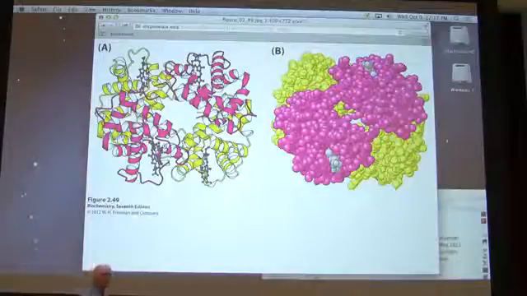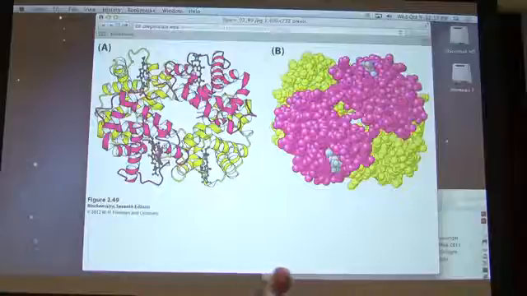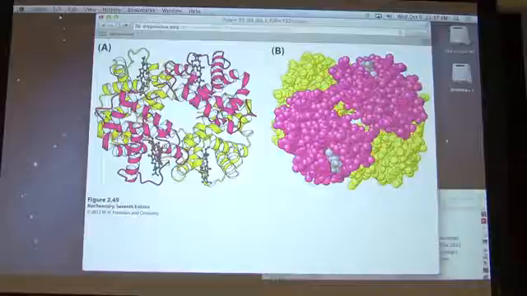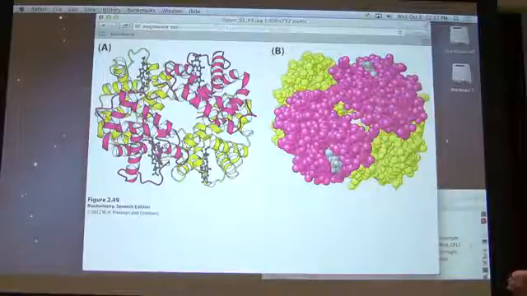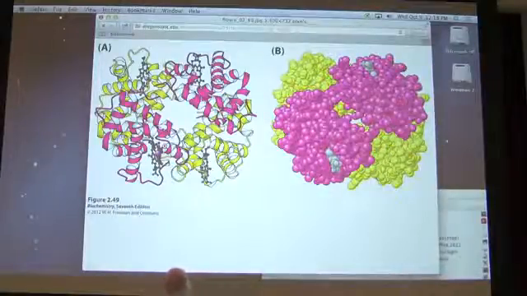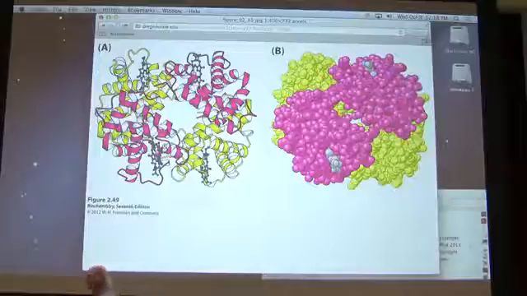That is, 4 separate polypeptide chains. All right? 2 of the chains are identical, and they're called alpha. The other 2 chains are identical, and they're called beta. You see 2 alphas, and you see 2 betas. Alphas and betas are very, very similar in structure, as we will see, and very, very similar in function. Essentially, we will treat them as identical in function. But nonetheless, there are 4 separate units.